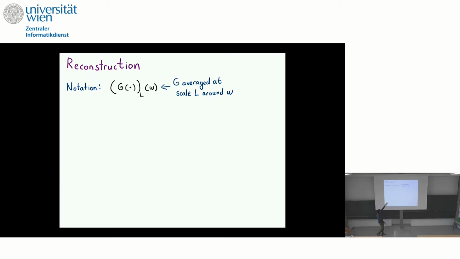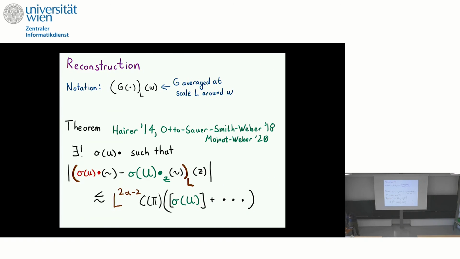So this represents a scale L average around some point w. And the reconstruction theorem tells me that there is a way to define this product, and it satisfies this sort of bound that says it's compatible with the approximation I have to the jet that represents its modeled expansion.